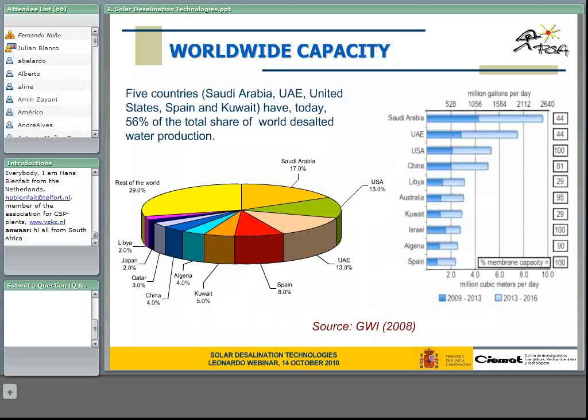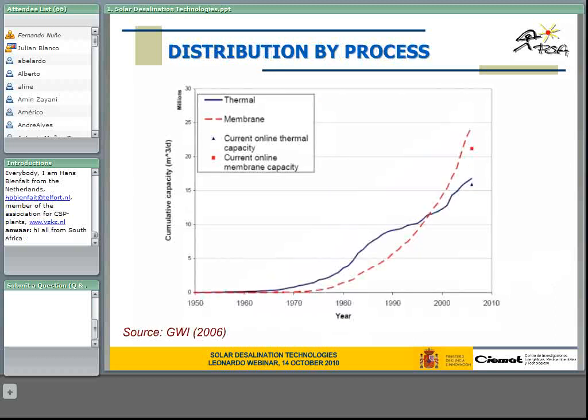So how could we address this kind of development if we consider that conventional energies could be very problematic? This is why we are proposing that solar energy is called to play a significant role in all these topics. Here you can see the evolution of the two main technologies, thermal and membrane.